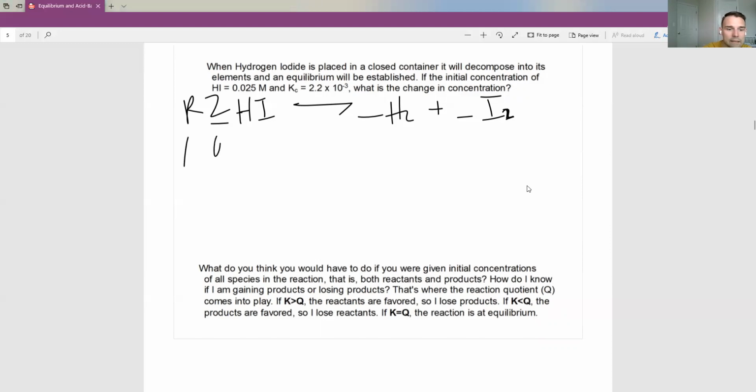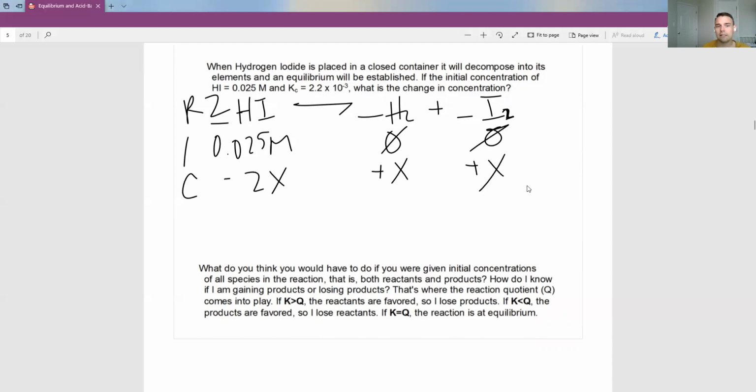My I, it says 0.025 molar. That would be 0. That would be 0. The C, the change, that's again minus 2x. That's plus x, and that's plus x, again from our coefficients. And so E is going to be 0.025 minus 2x, x, and x.